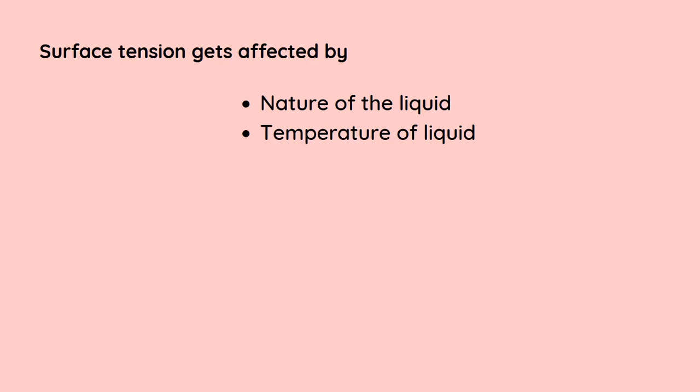So the intermolecular forces depend upon the nature of the liquid, and so that's one of the reasons. The second one is temperature. As we know, when temperature comes in, you have kinetic energy. When the kinetic energy of the liquid increases, that leads to the intermolecular forces decreasing and the intermolecular spaces increasing.